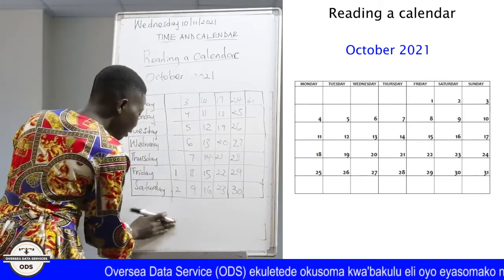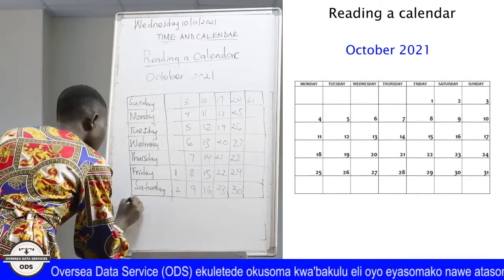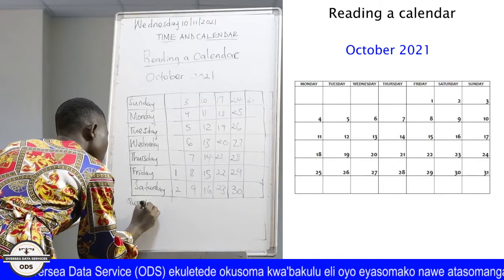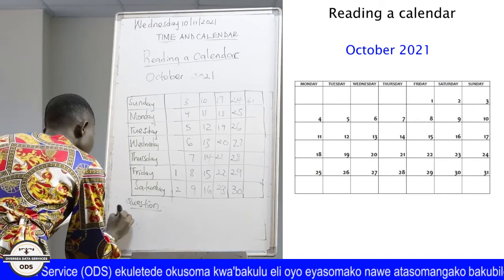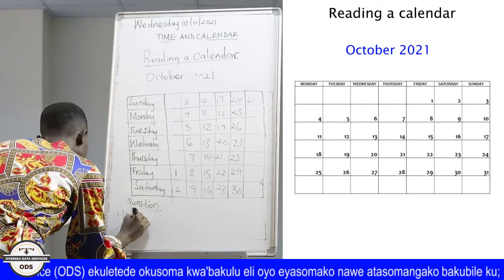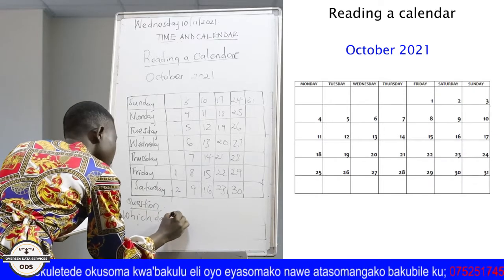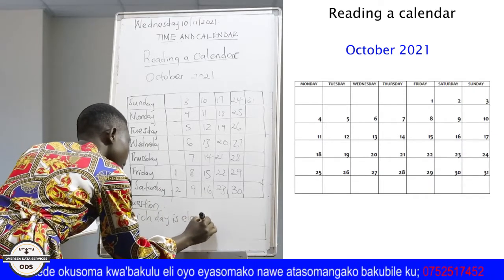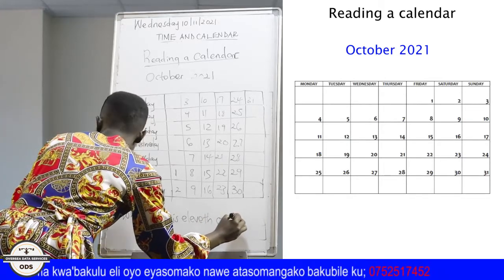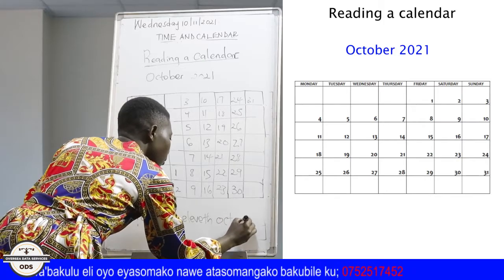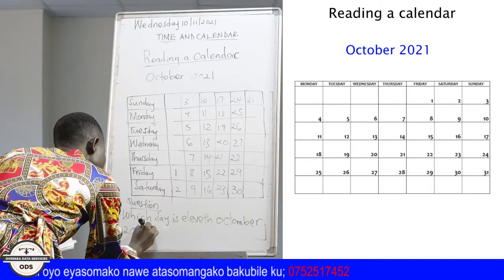Now we are going to be asking ourselves these questions. The first question is, we are learning how to read a calendar. Assuming someone has asked you which day is the 11th October 2021.